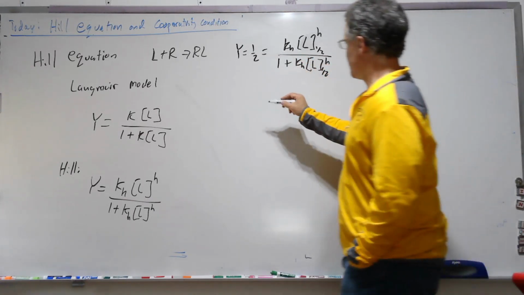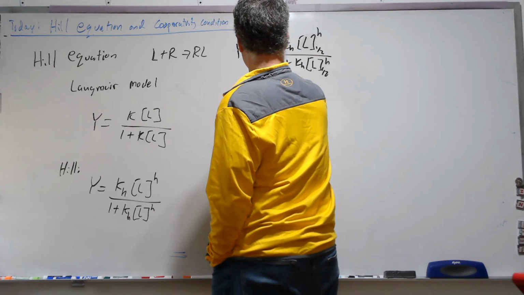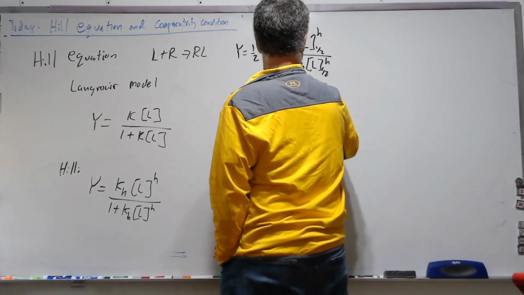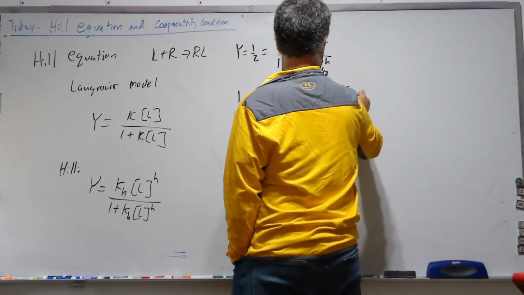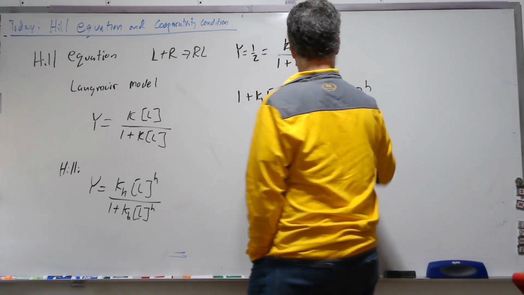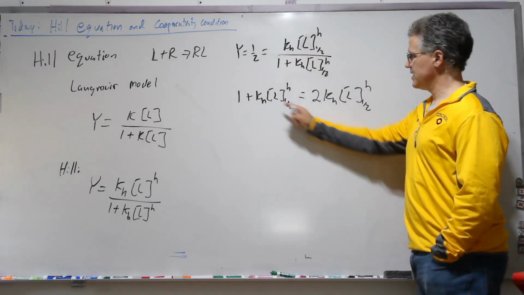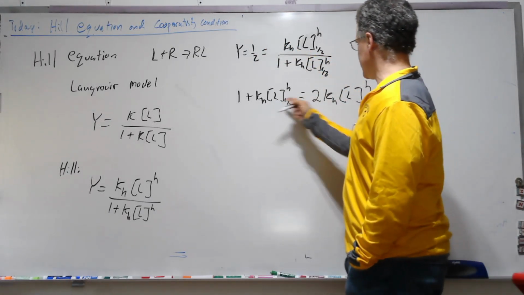All right, we just bring this across. So I'll bring this 2 across, bring the denominator across. Now I can bring this over to this side by subtracting.